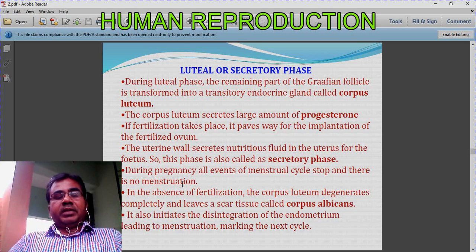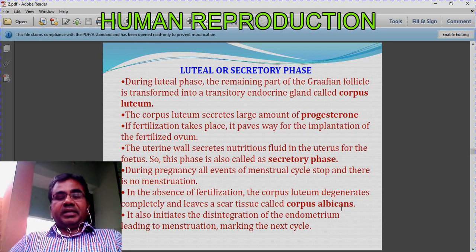There will be no further menstruation. Okay, and next, corpus albicans. Corpus albicans is developed from corpus luteum. Okay, in the absence of fertilization, the corpus luteum degenerates and it leaves a scar tissue called corpus albicans.